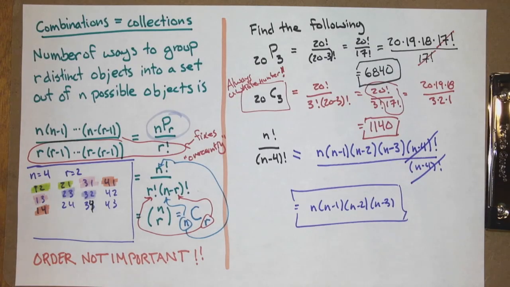I will say, this one was inspired because I did take a peek at the homework. It's nice to look at the homework and know what's coming. And they said, well, let's have you do one of these. And I said, oh, okay. But that one, they said, we'll have you do n factorial divided by n minus 12 factorial, at least in my version of the homework.